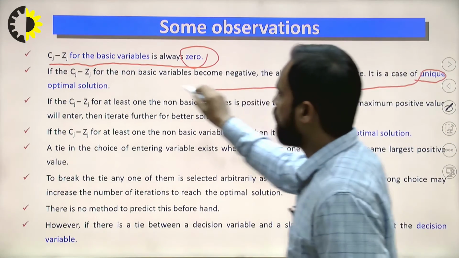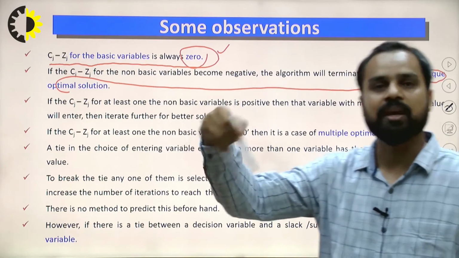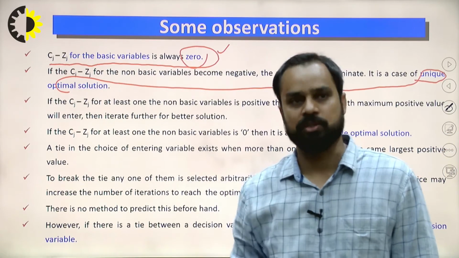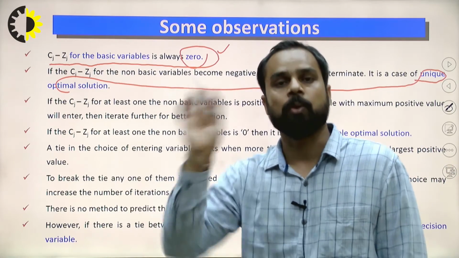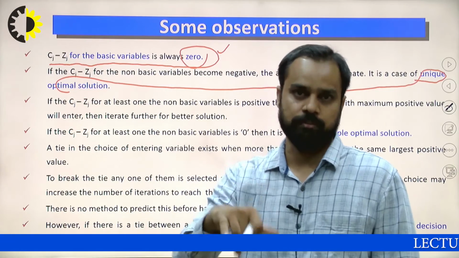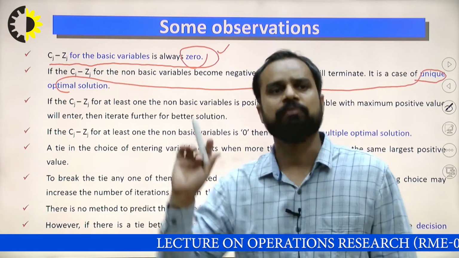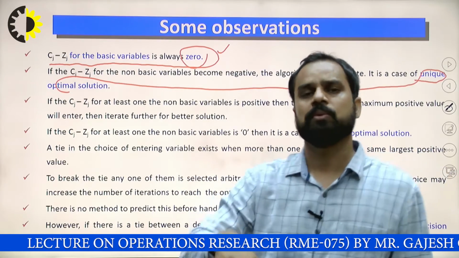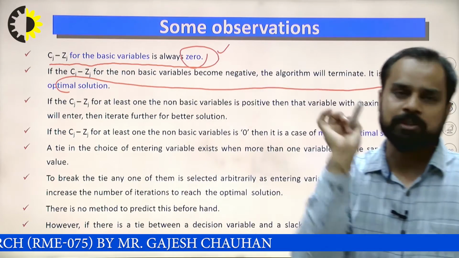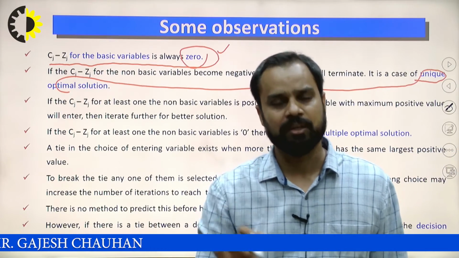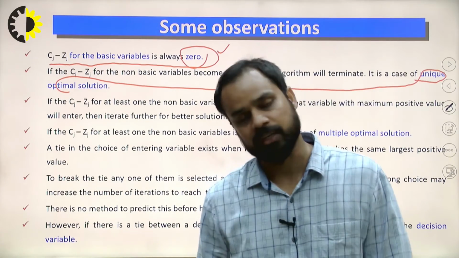That is, all basic variables are 0 in Cj minus Zj and non-basic variables are negative, if the problem belongs to maximization. If the problem belongs to minimization, just reverse these, vice versa. So a problem has a unique optimal solution if in the termination criteria all basic variables are 0 and non-basic are negative.